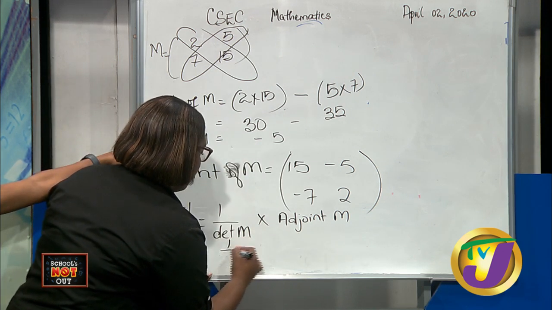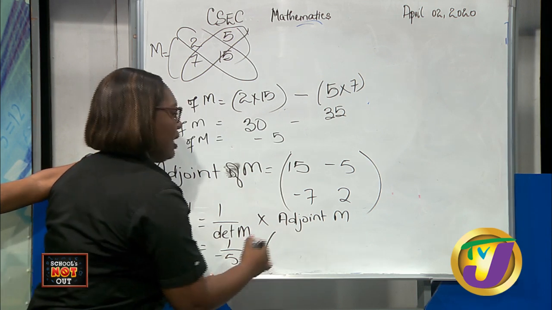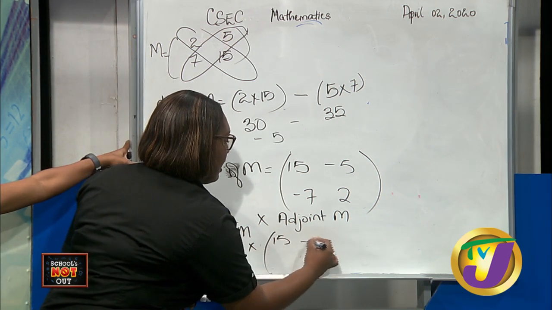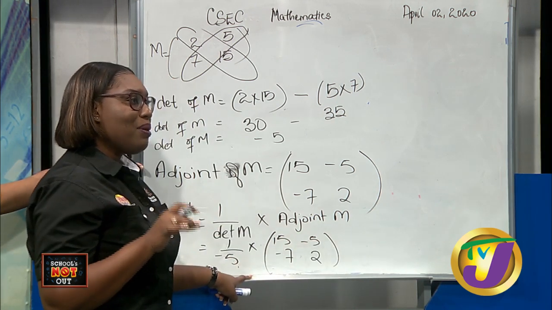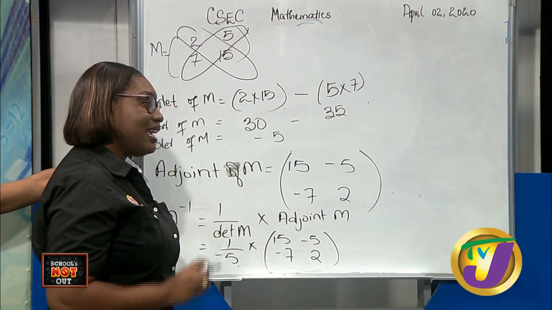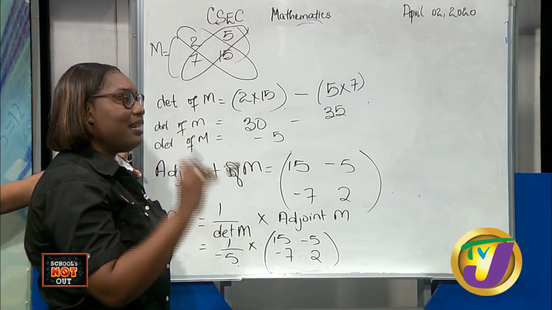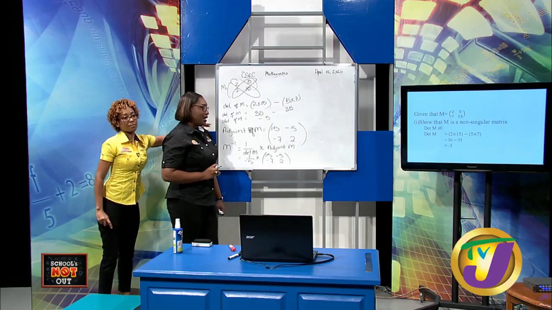So it is 1 divided by -5 multiplied by my adjoint matrix: 15, -5, -7, 2. Remember, when multiplying a matrix by a scalar, every single element in the matrix must be multiplied by the scalar.